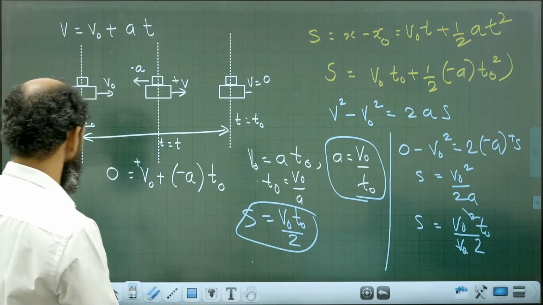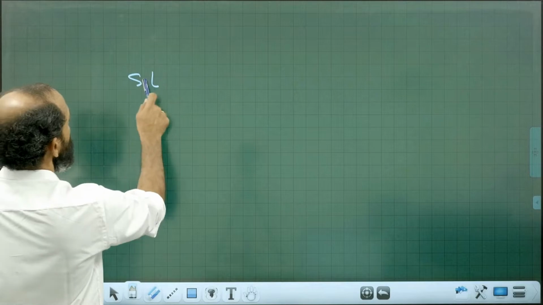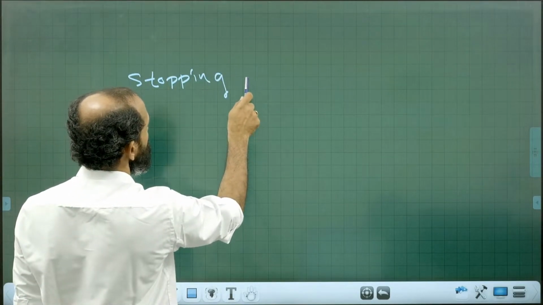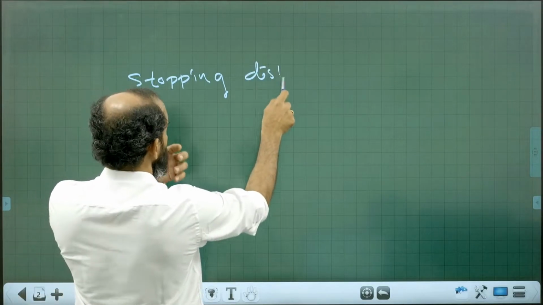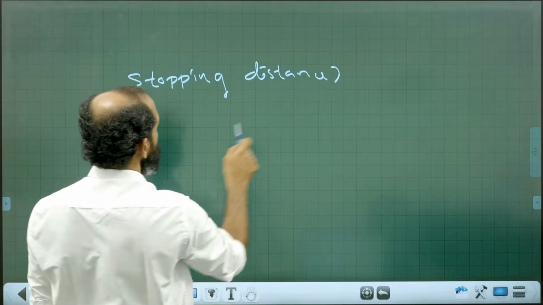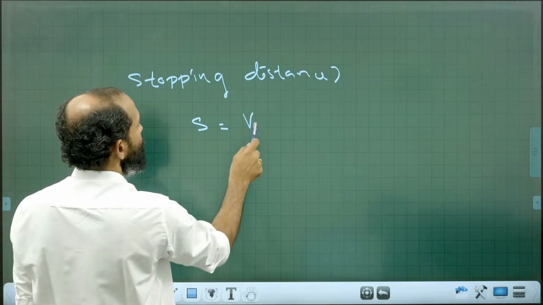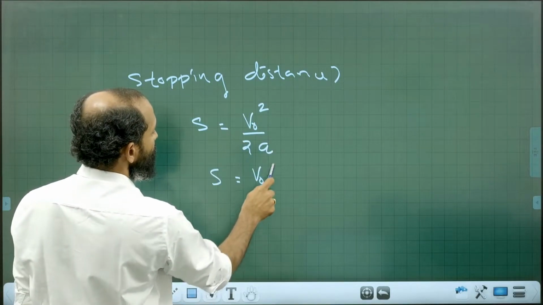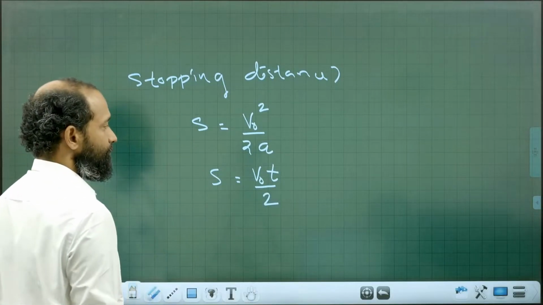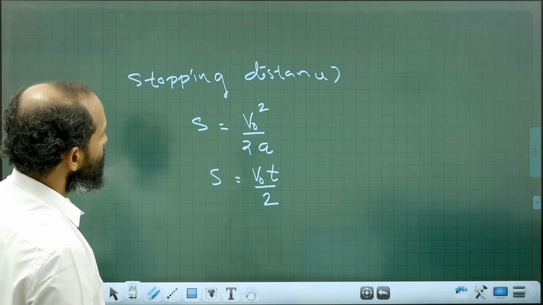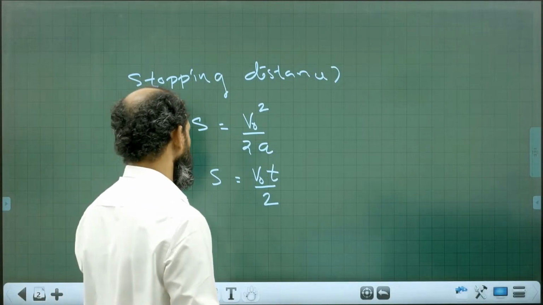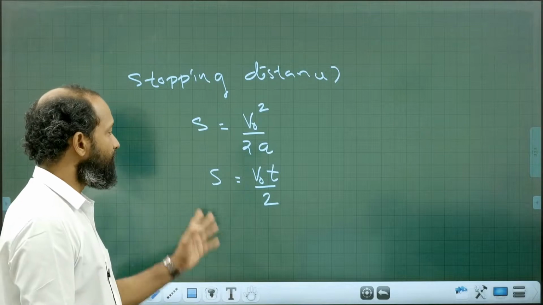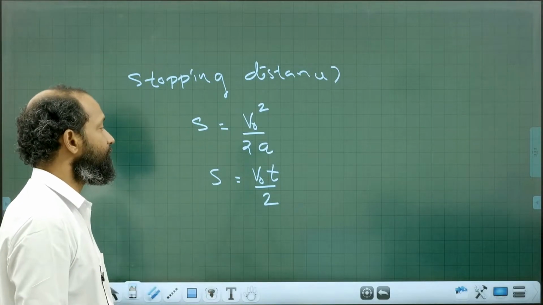Stopping distance is very important. Most of the papers we used to see this one. Let us write down the equation alone: s is equal to v0 square divided by 2a, or s is equal to v0 t by 2. Then if you have a v-t graph, how do you find the stopping distance from the v-t graph?